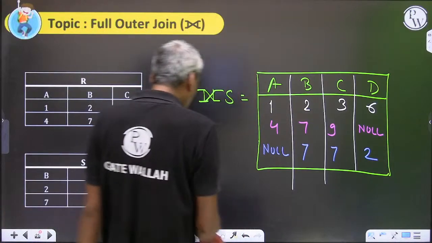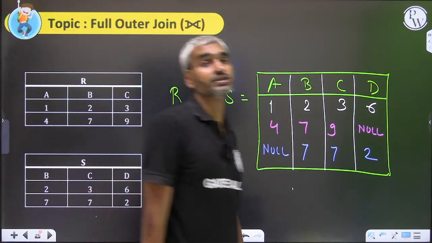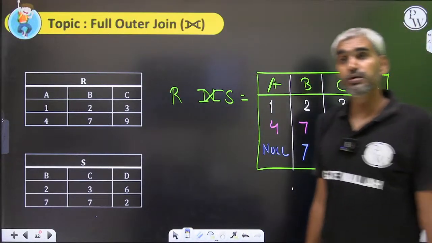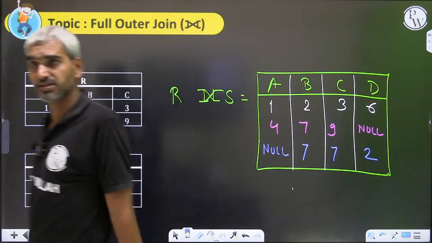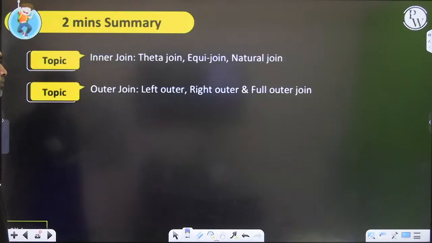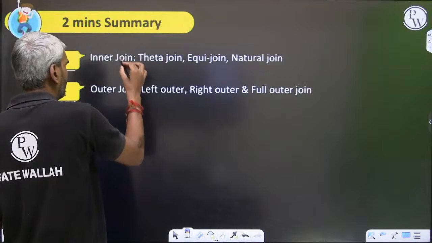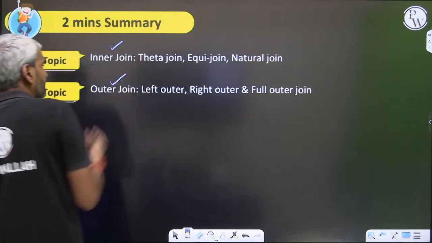So I hope this is also clear. These are all easy concepts, but if a question is asked, you must be able to explain it, or you must know the right answer for that particular concept. The objective was that you don't have any doubt about inner join and the difference between inner join and outer join.